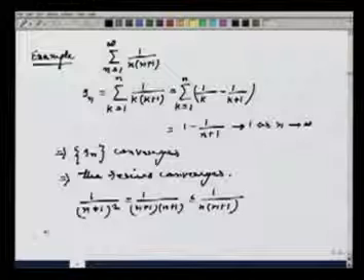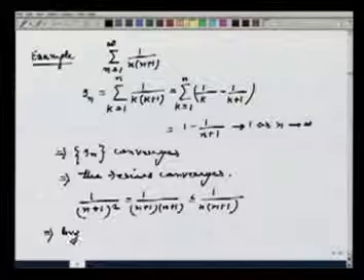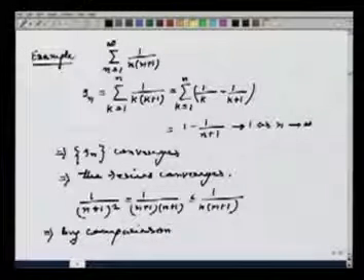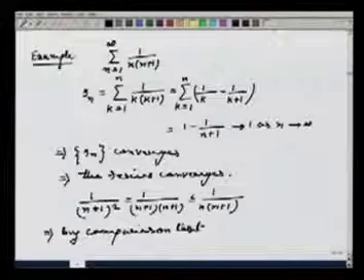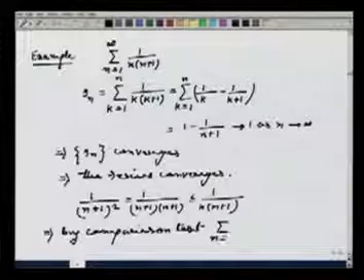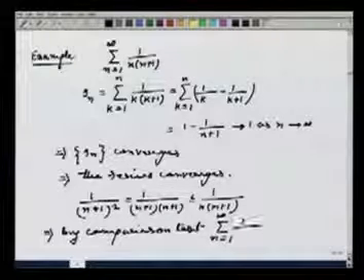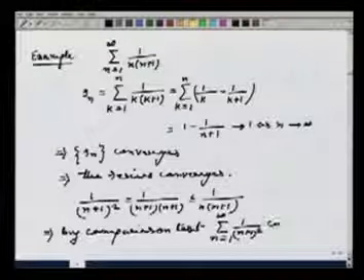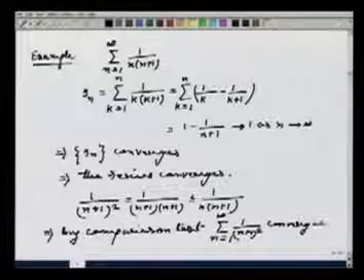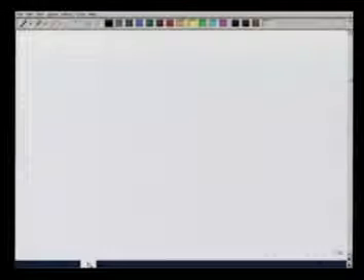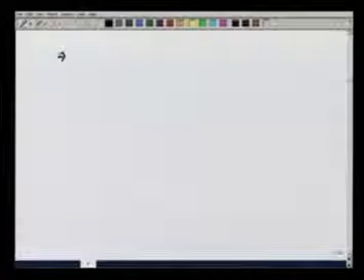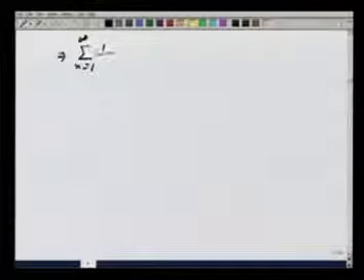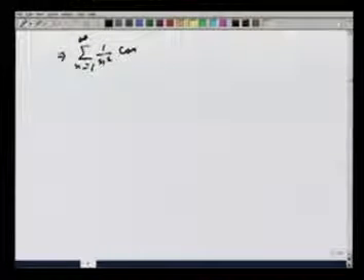So this implies, by comparison test, summation n from 1 to infinity 1 by (n plus 1) whole square converges. And this is the same as saying certainly that summation n from 1 to infinity 1 by n square converges.